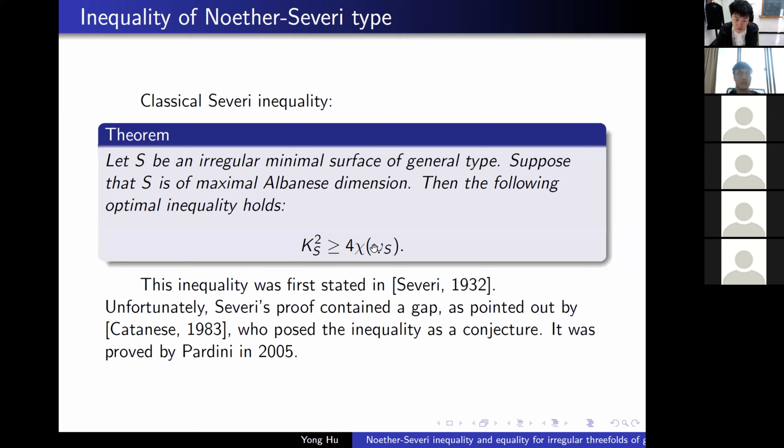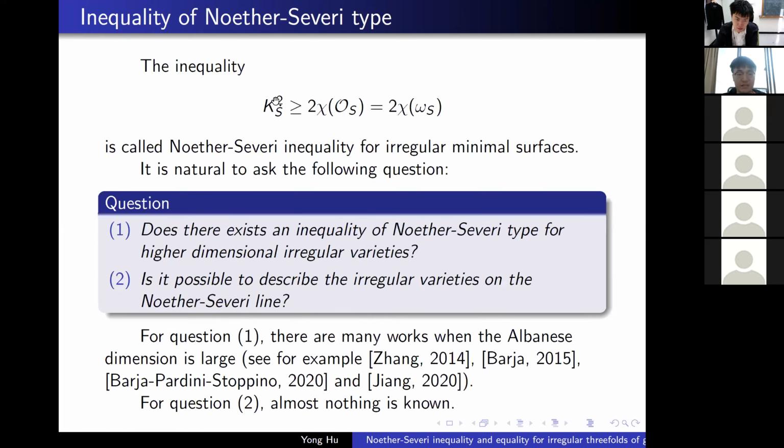Now the inequality K_S squared is larger than or equal to 2 chi(O_S). This is because S is a surface, so chi(O_S) is equal to chi(omega_S). We call this the Noether-Severi inequality, because for irregular minimal surfaces it is both of Severi type and of Noether type.